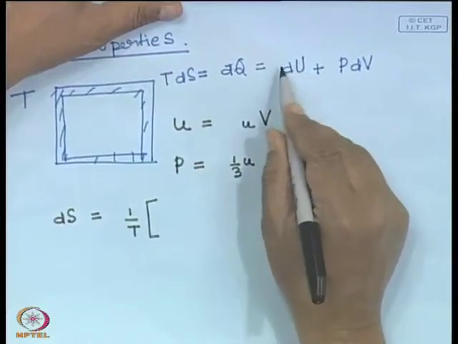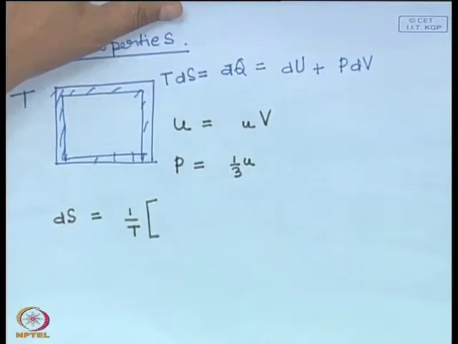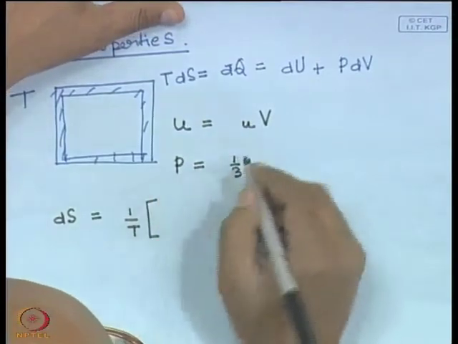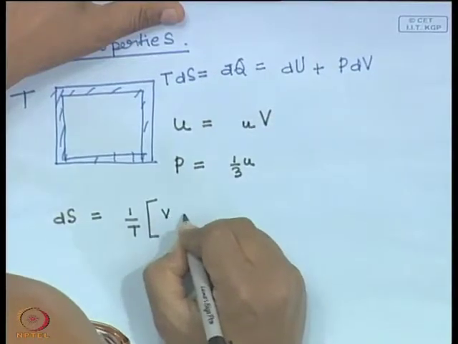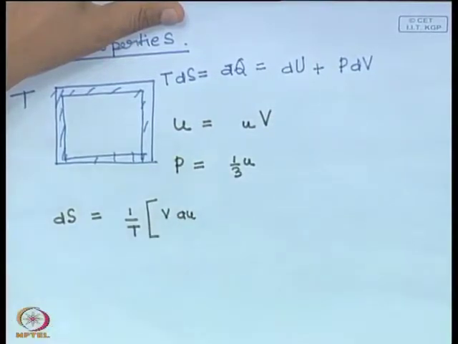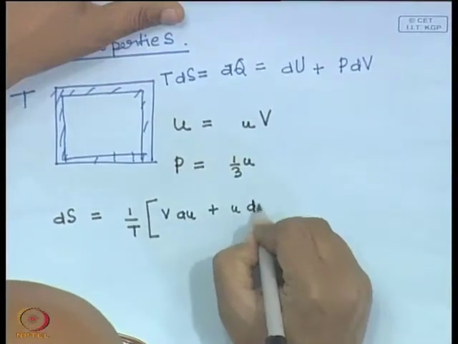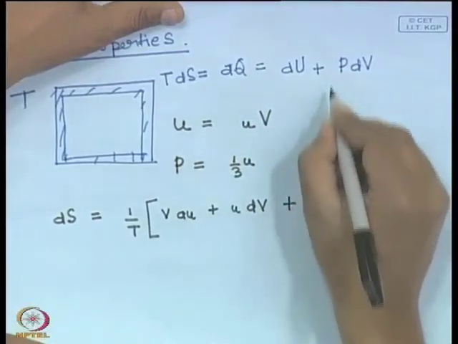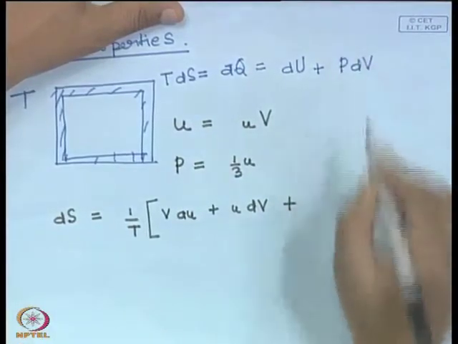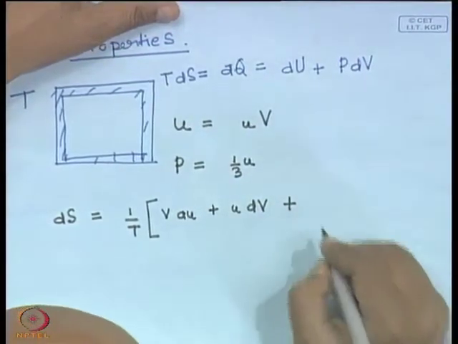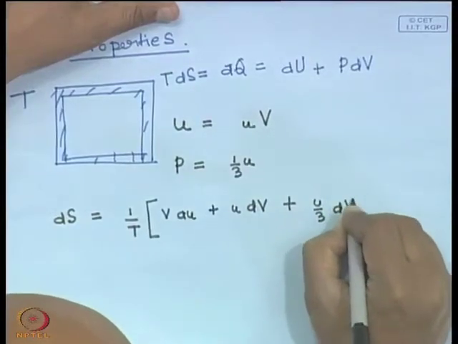The internal energy can go up due to two reasons. One is if the density of internal energy goes up, so I could have V du, plus u dV. The entropy could also increase due to the increase in the volume and the pressure acting on that. So, that will be u by 3 dV.